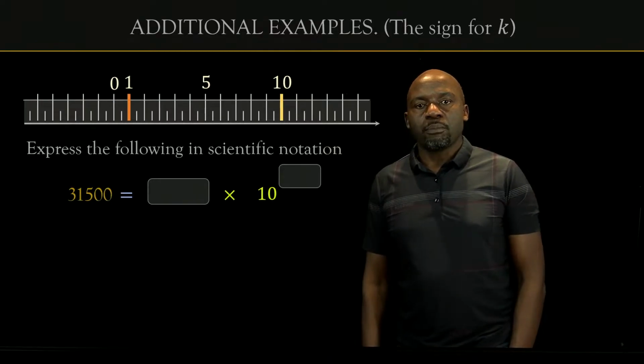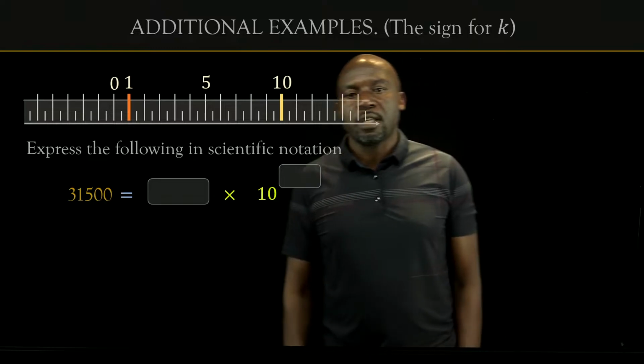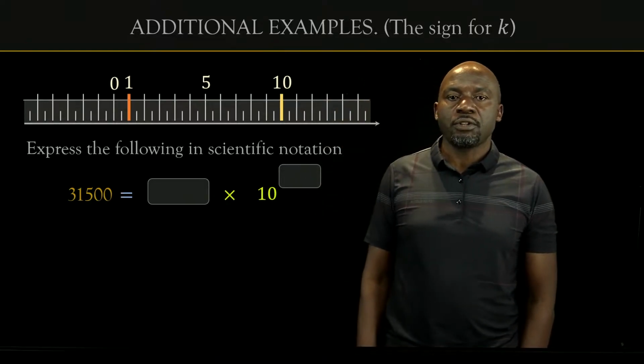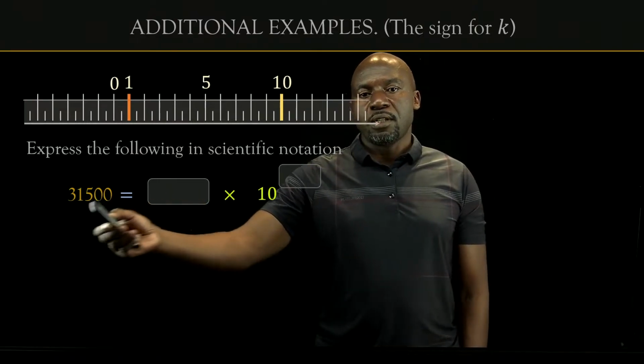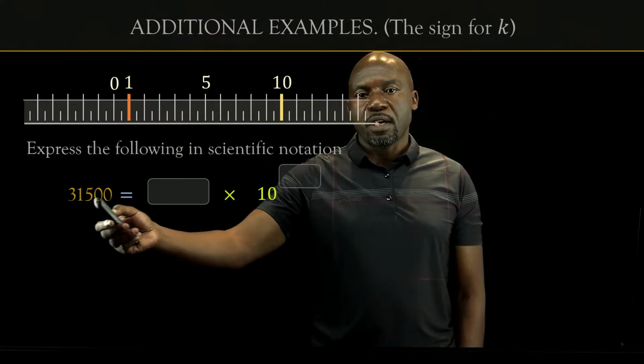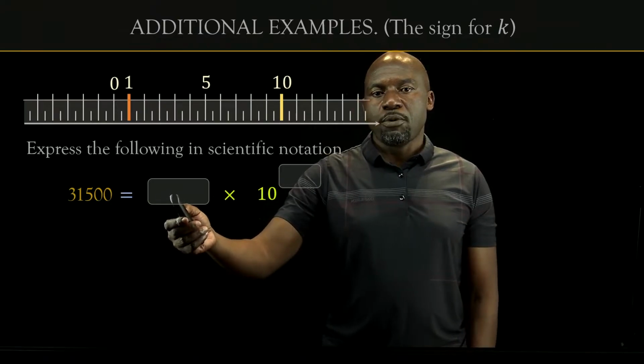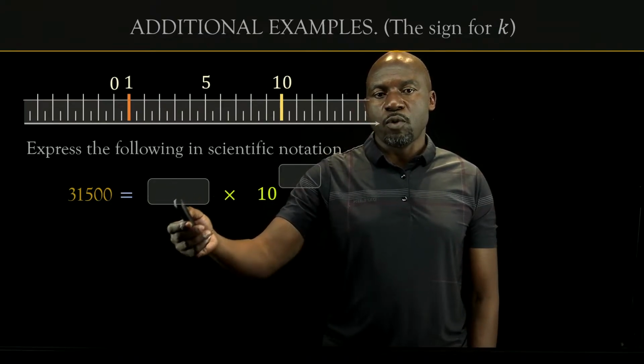What about that? You can pause the video and try to express 31,500 in scientific notation. If you've done it right, then the number we have here, which has the same digits as 31,500, is going to be 3.15 for it to lie between 1 and 10.